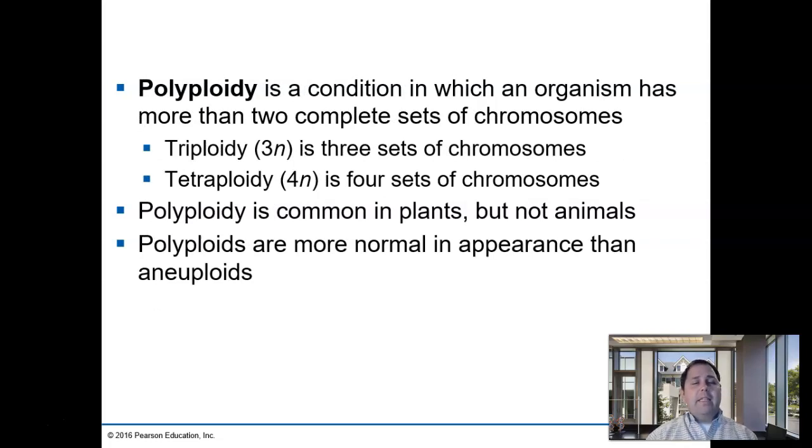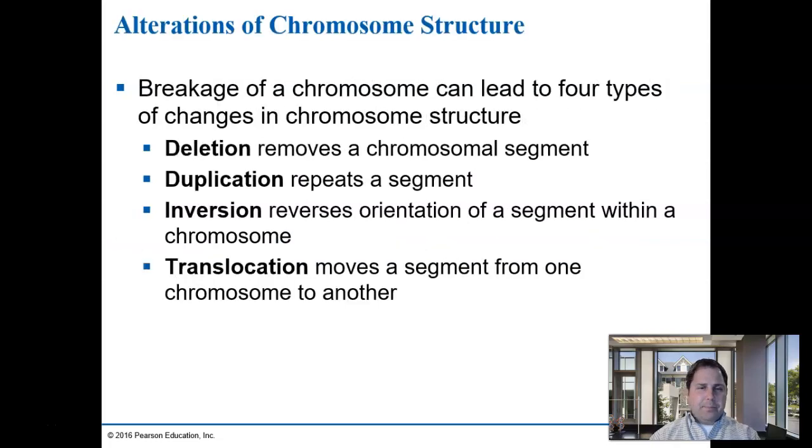Polyploidy is if the entire set of chromosomes is multiplied. So triploidy would be getting 3 full sets of chromosomes. Tetraploidy would be 4 full sets of chromosomes. This is common in plants and not in animals, and polyploidy actually has a more normal phenotype appearance-wise than aneuploidy, because basically you're doubling everything, you're not missing anything in particular.